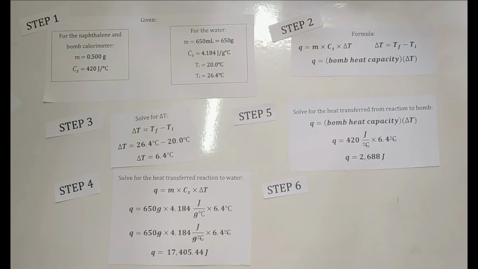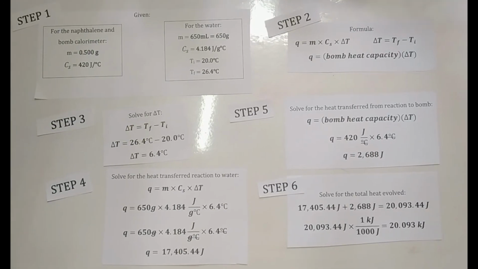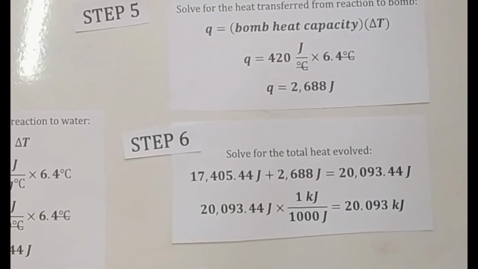Lastly, to solve for the total heat evolved, we simply add the heat transferred from the reaction to water and the heat transferred from the reaction to the bomb. By substituting these values, we will get 17,405.44 joules plus 2,688 joules is equal to 20,093.44 joules.